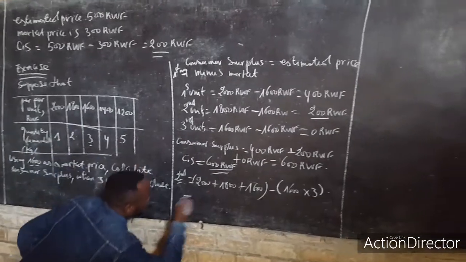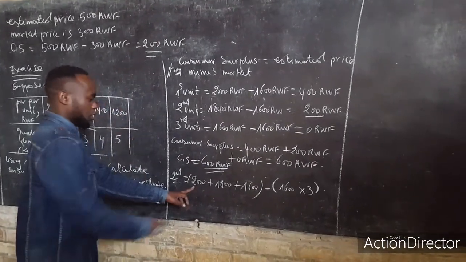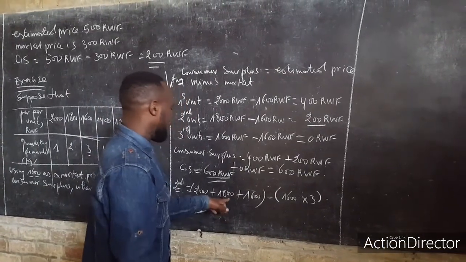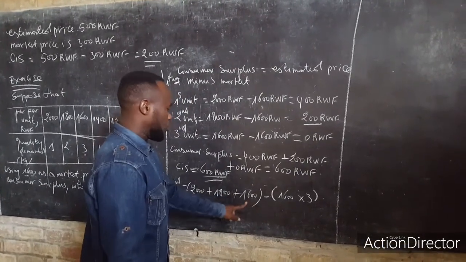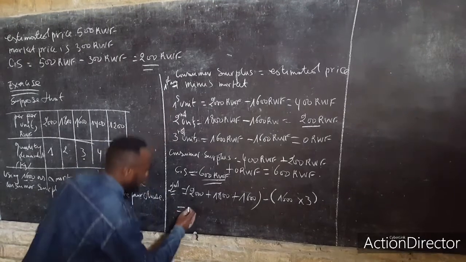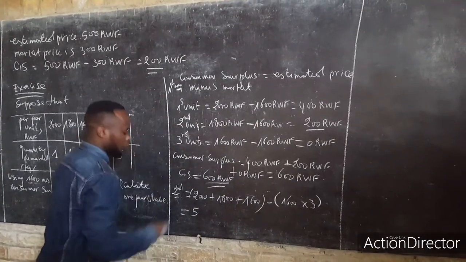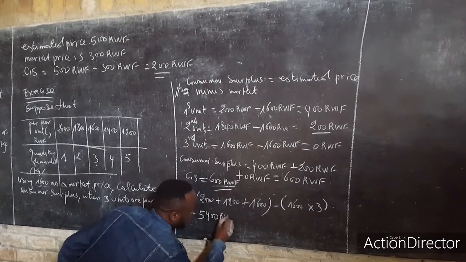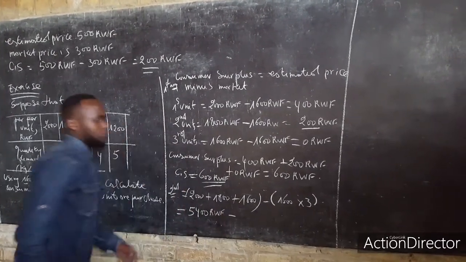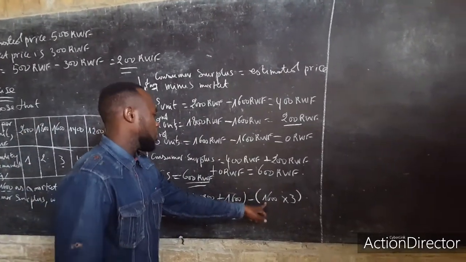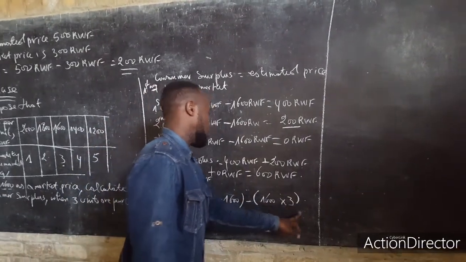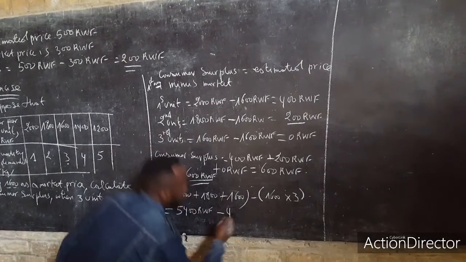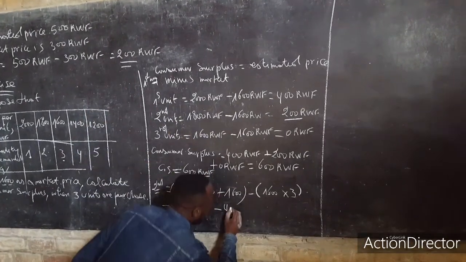Here the result is 2,000 plus 1,800 plus 1,600 is equal to 5,400 Rwandan francs minus 1,600 times 3 is equal to 4,800 Rwandan francs.